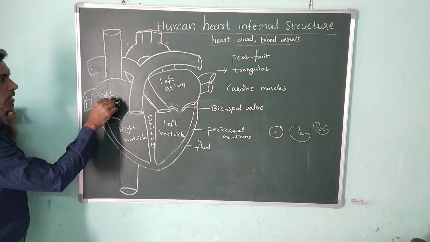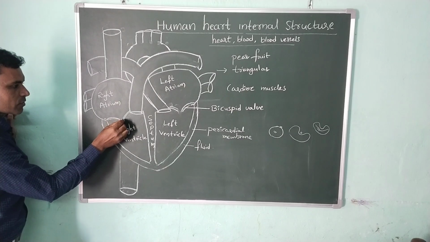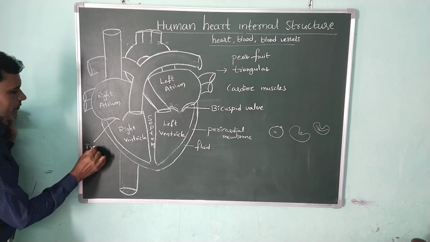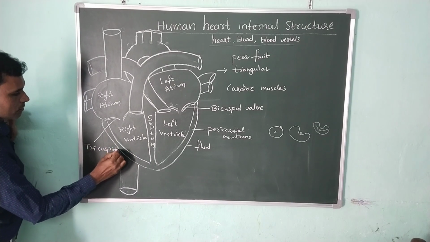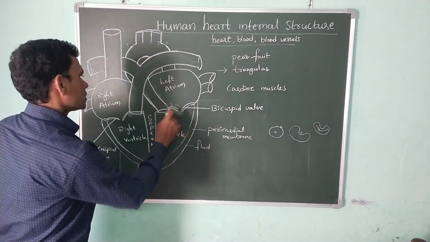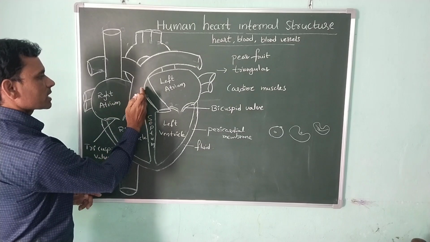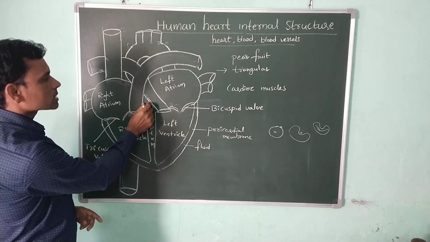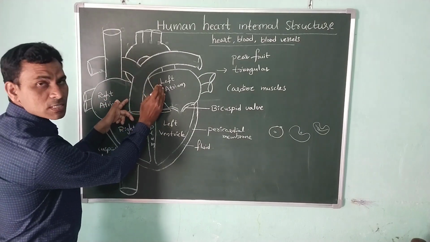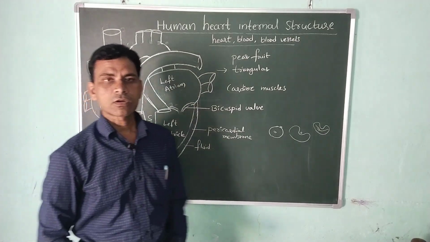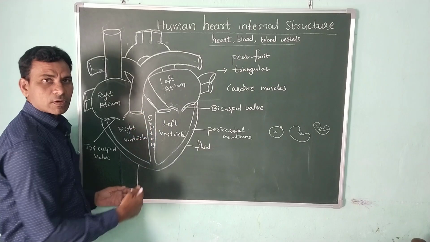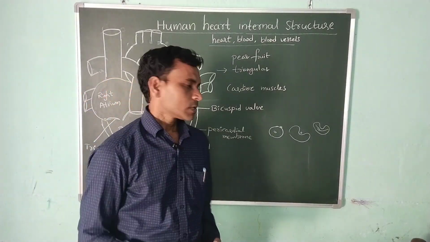The right atrium and right ventricle are separated by a valve known as the tricuspid valve. Inside, the atria are separated by the intra-auricular septum, and the ventricles are separated by the intraventricular septum.